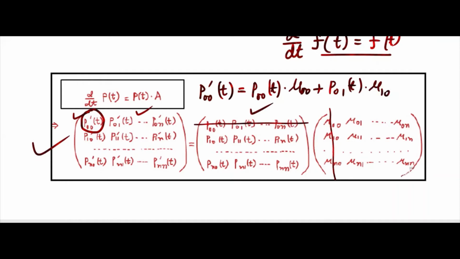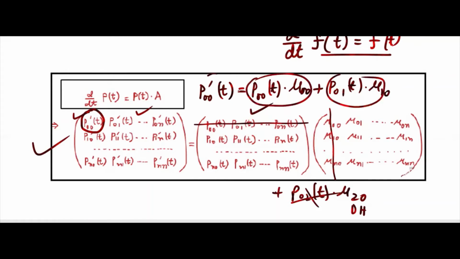Then this one, anyway, P0,2 t will not contribute because, let me write it, not here, plus P0,2 t mu 2,0. 2,0 means death to healthy, this is not there, so anyway this will be 0. So these are the two terms and this is the equation.